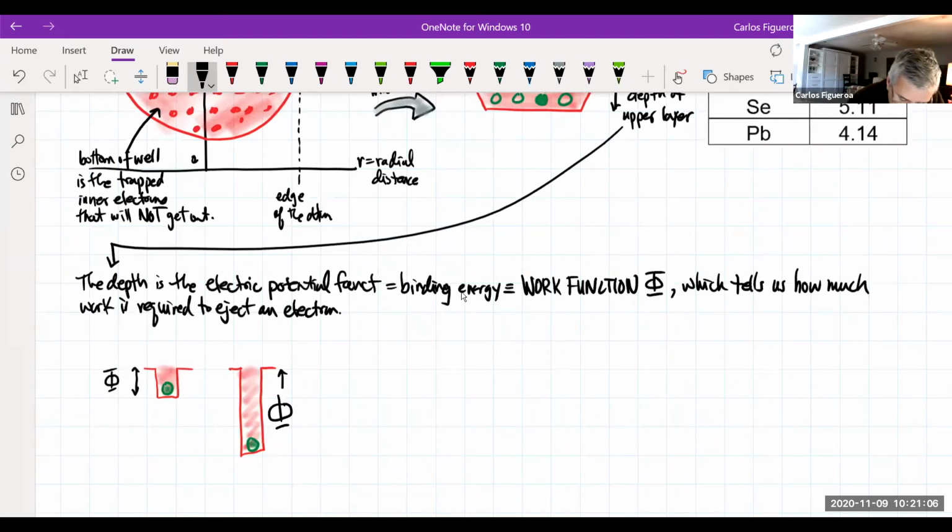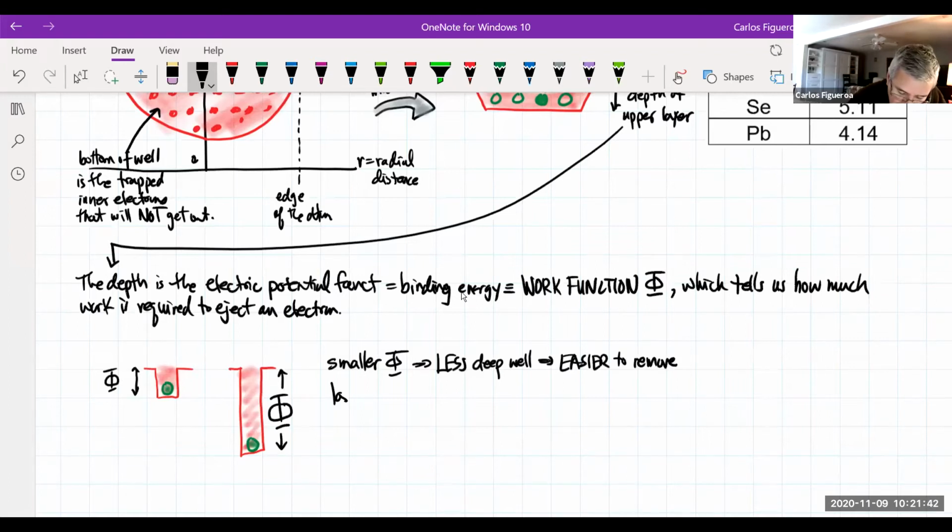This one, because it's deeper, has a bigger potential function, and so therefore it's going to tell you that there's more energy required. So if I have a smaller Phi, then that means I have a less deep well, which then tells me that it's easier to remove.